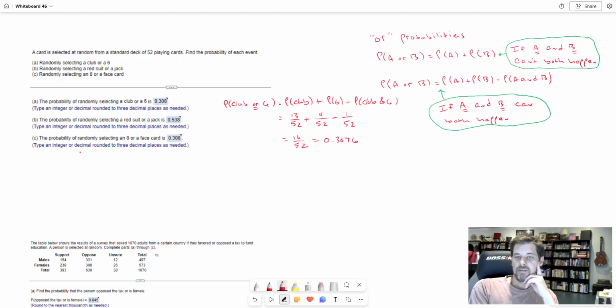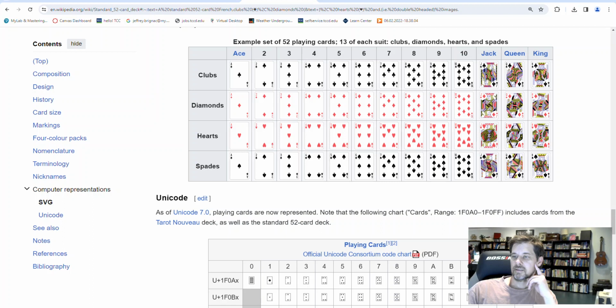Okay, so let's see, I'll do probability of drawing an 8 or a face card. And by face card they mean jack, queen, king. You can't pick a card out of the deck that's both a face card, which is one of these, jack, queen, king, any suit, and an 8.